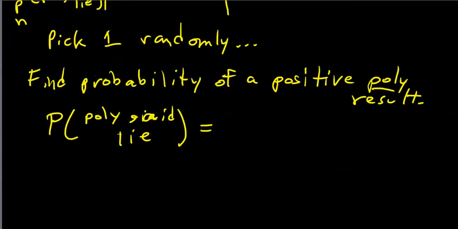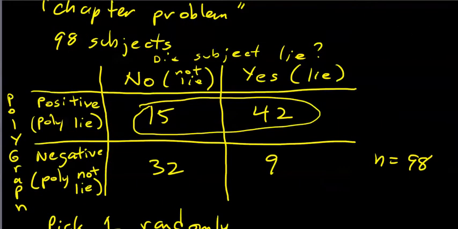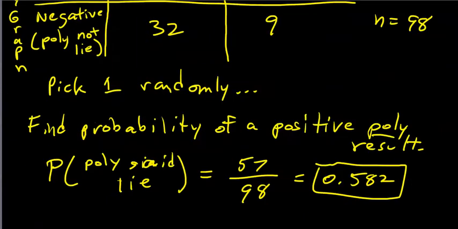So there's 57 ways to pick a positive polygraph result out of 98 subjects, and I'll divide that out and round off to 0.582. This is a common tool in statistics land, breaking things down in what they call marginal tables in this fashion.